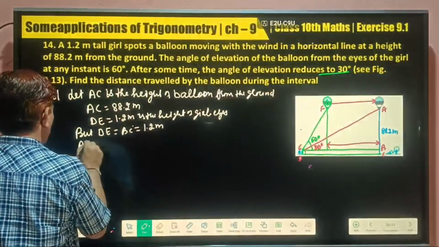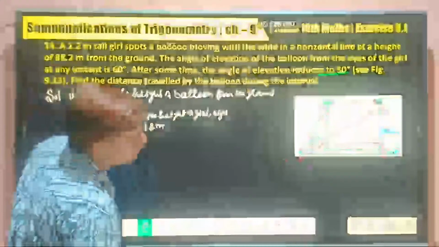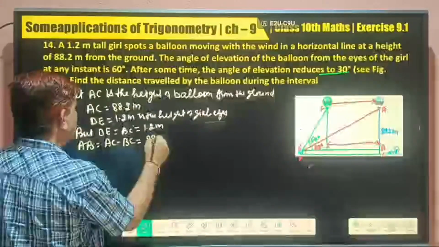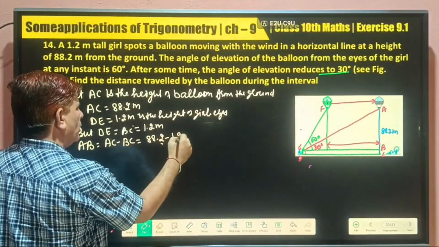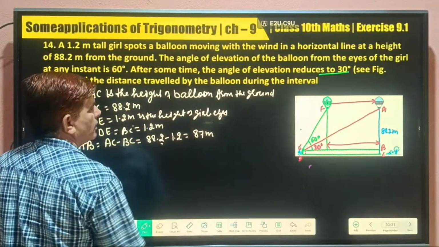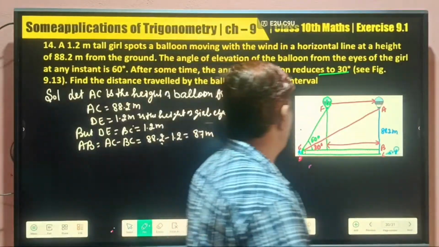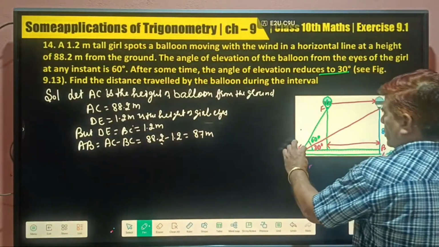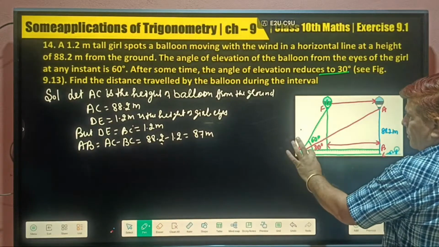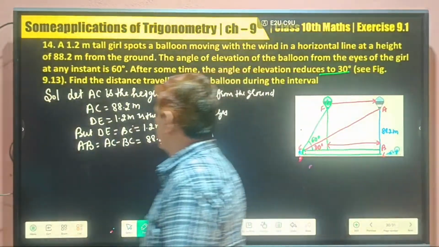So what's AB? AB is equal to AC minus BC. AC is 88.2 minus 1.2, which is equal to how much? 87 meters. If you understand this, you will easily be able to solve the question. This height is only given, so you have to reduce it. So this becomes the figure.